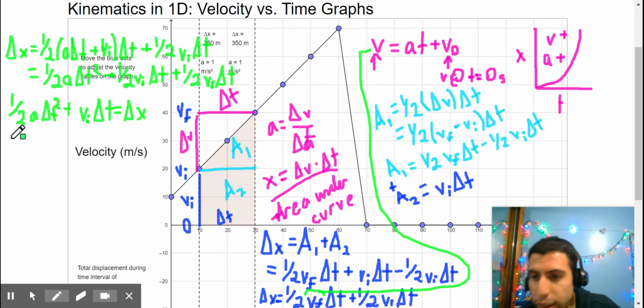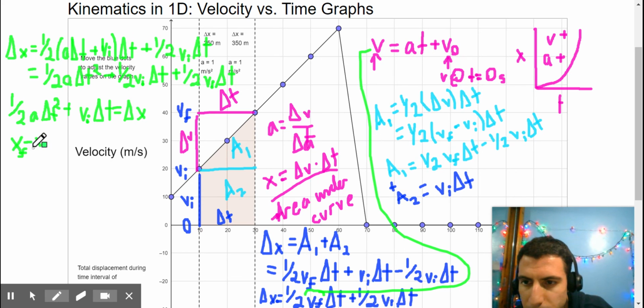If you go ahead and do this, and we want to do it for our final position, I'm going to do x final minus x initial, right? And if we want to find our x final every time, it will be 1/2 a t squared. And I'm drawing over velocity right now, but you notice plus v initial delta t.